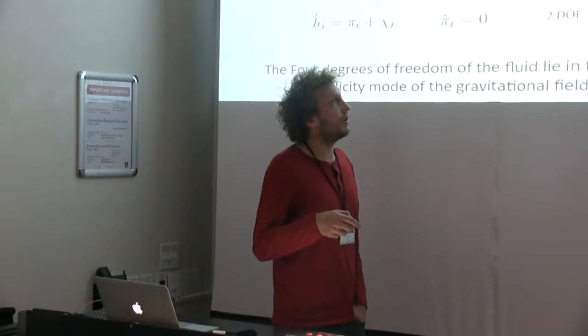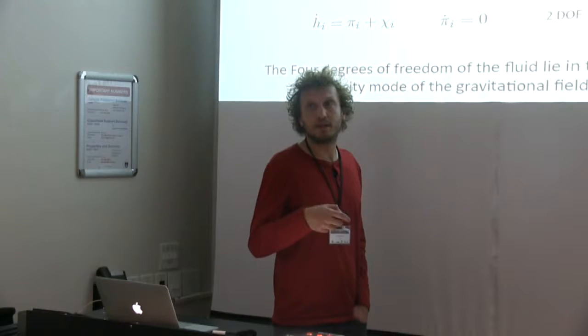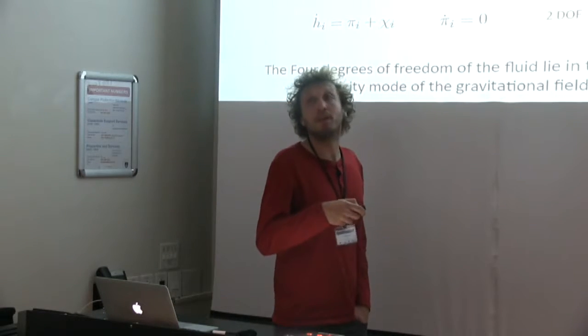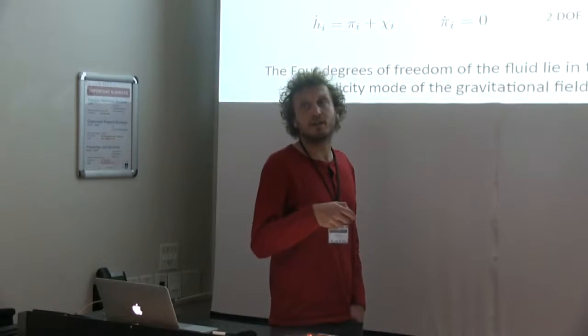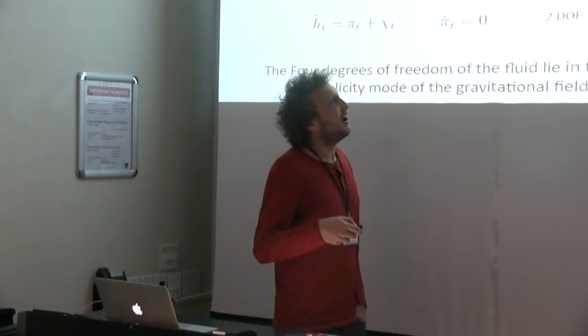On this, you see that basically the scalar part now starts to carry the sound speed degree of freedom of your fluid. So you have now a propagating scalar part. And here you have a propagating gravitational wave part, but this was already the case before.